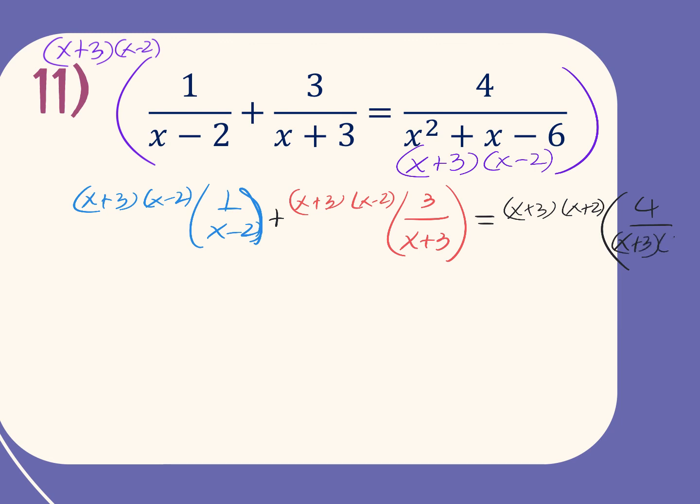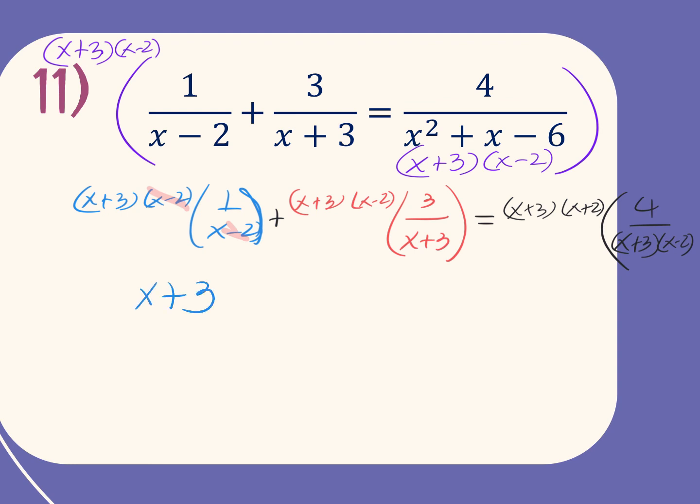I'm going to write what I got when we factored it. Okay, so on the first one, you can see that the x minus 2 cancels. So then you're just multiplying x plus 3 times 1. So you're just left with x plus 3.